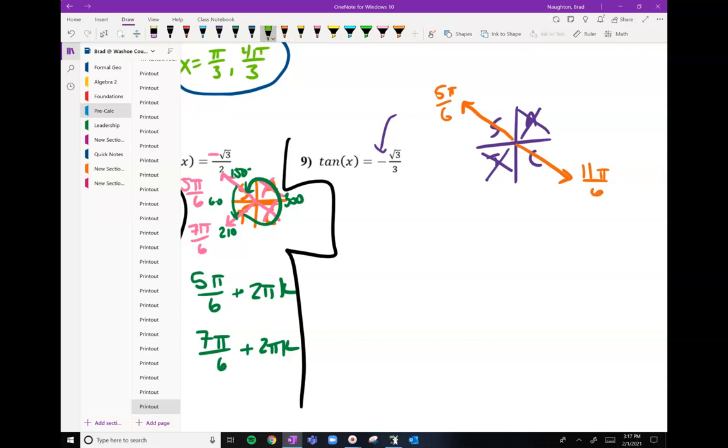So let's do our mapping. From here to here is pi, or 180 degrees. Same thing on this side. So those are the same. So I'm going to take my first positive one, which is 5 pi over 6, plus pi k, because my mapping amount was pi. Gravy? Easy peasy lemon squeezy?